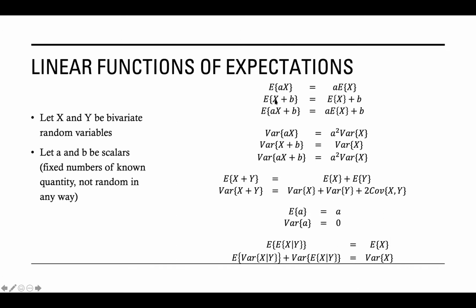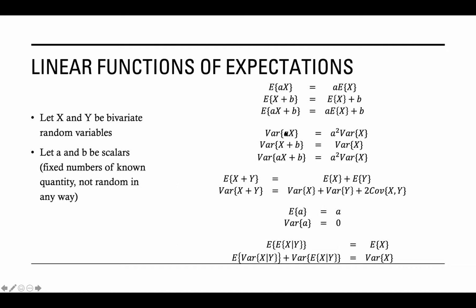The expectation of x plus some number b is just equal to the expectation of x plus b. Therefore, it will come as no shock that the expectation of a times x plus b is equal to a times the expectation of x plus b.